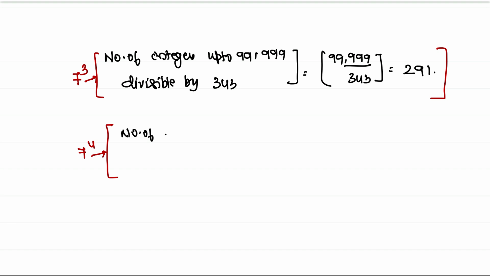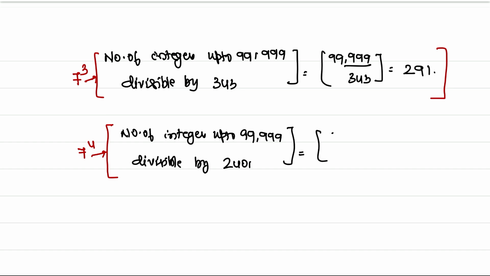Number of integers up to 99,999 divisible by 7 to the power of 4: the value of 7 to the power of 4 is 2401, is equal to 99,999 divided by 2401.